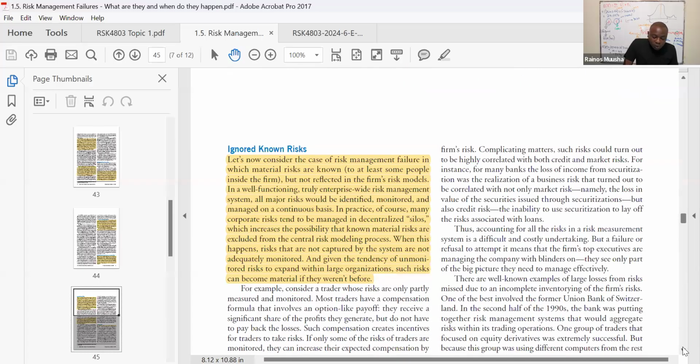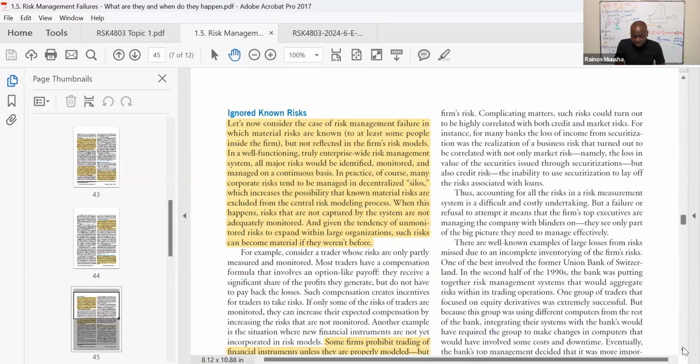Then we also look at ignored known risks. And then they say, let's now consider the case of risk management failure in which material risks are known to at least some people inside the firm, but not reflected in the firm's risk models. In a well-functioning, truly enterprise-wide risk management system, all major risks would be identified, monitored, and managed on a continuous basis.